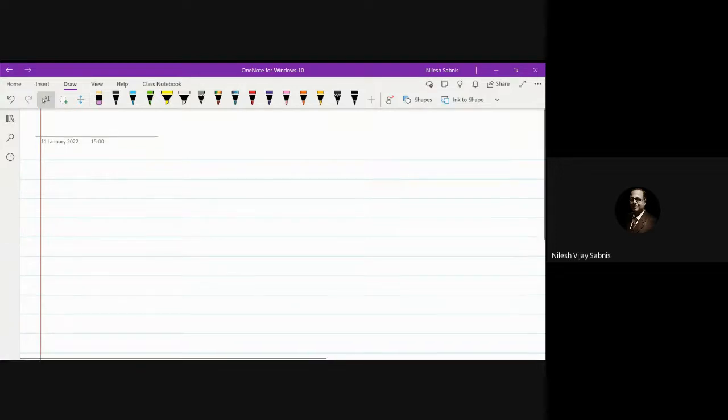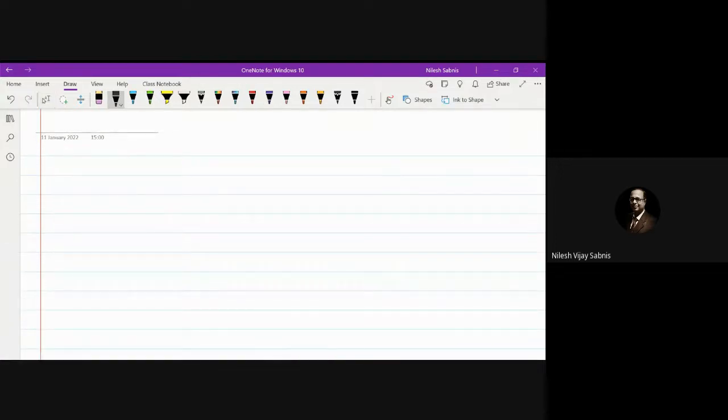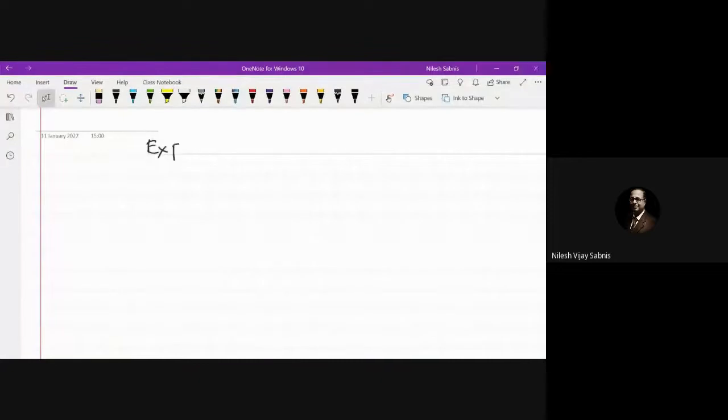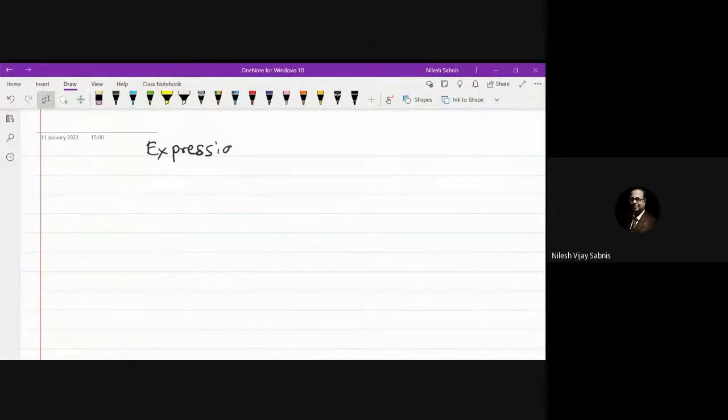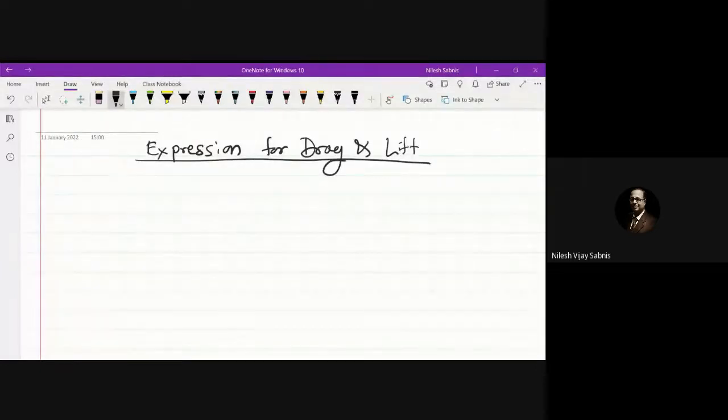So we will have to find out the expression, that is, the derivation for drag and lift. Expression for drag and lift. For that, we will consider an arbitrary shape body.